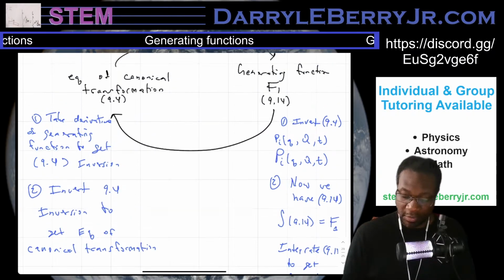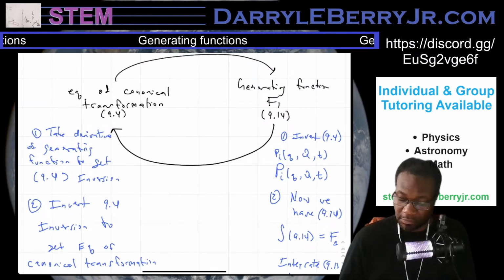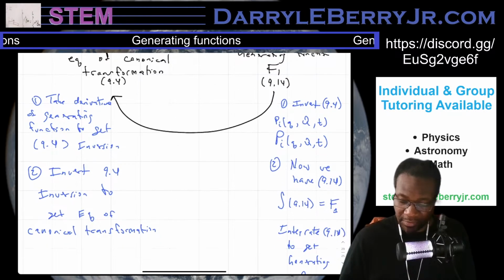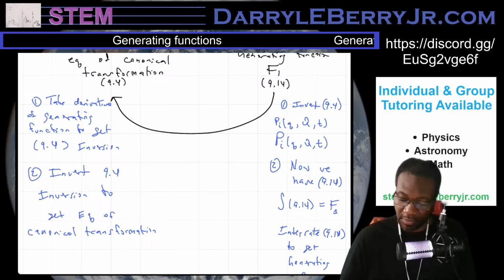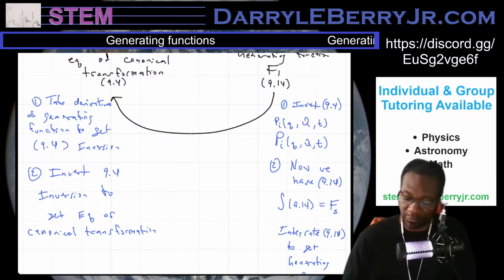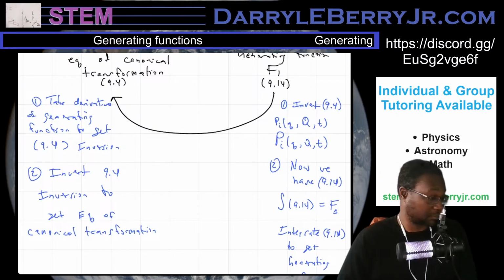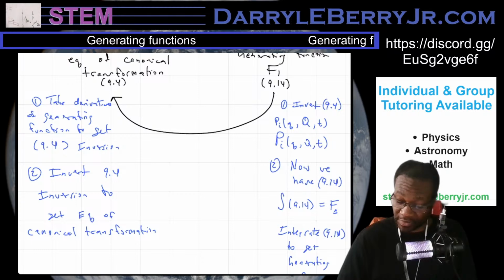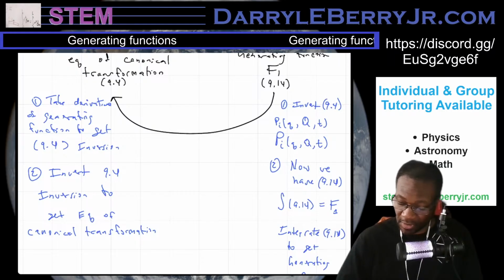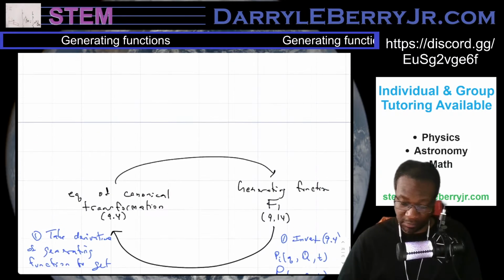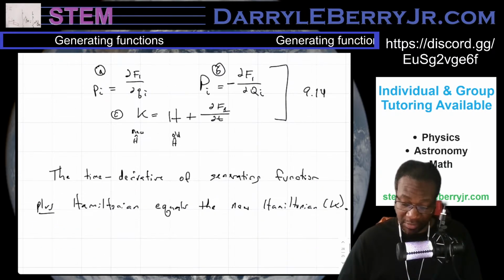All right. So finally, we have some practical methods here. So we want to get a generating function. We start with equation 9.4 and we invert it. So now we have little p in terms of q, big Q and t, and big P in terms of q, big Q and t. So that's momentum. And now we have the 9.14 equations.